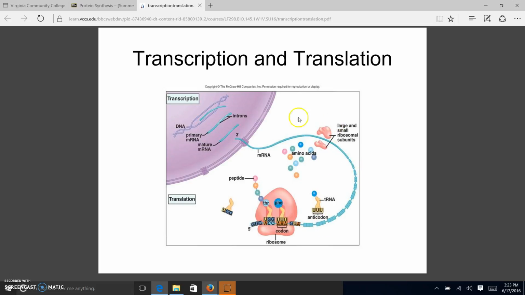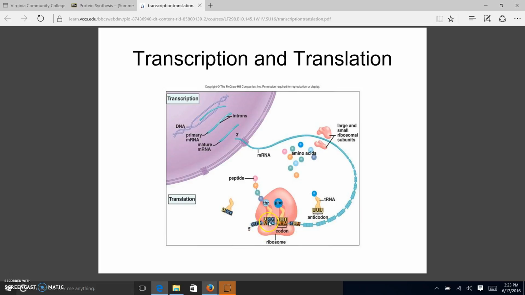Okay, now what we've got is this transfer RNA bringing specific amino acids over. On one part of that transfer RNA, it has a code called the anticodon that actually is obligatory base pairing, or complementary base pairing, to the codon. So my transfer RNA has an anticodon. My messenger RNA has a codon.